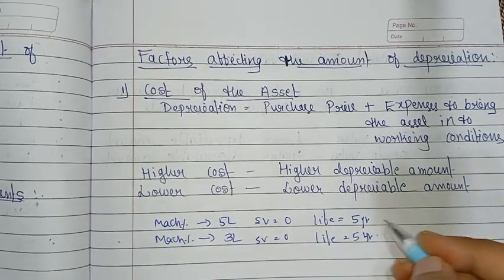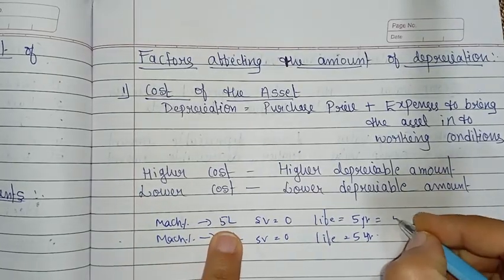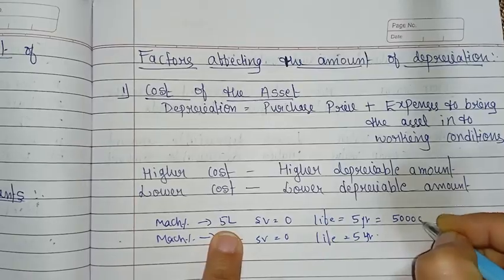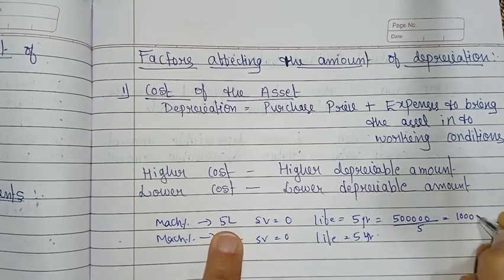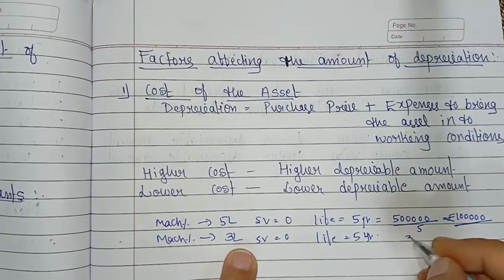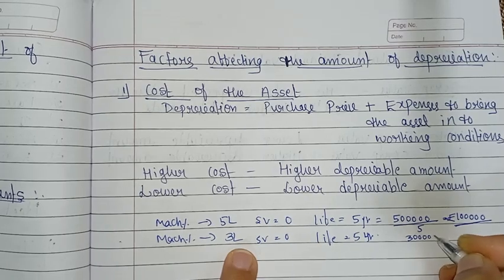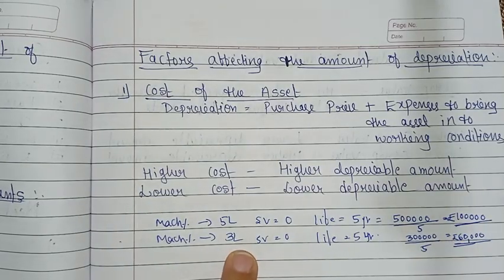The depreciable amount for the machine costing 5 lakh is 5 lakh divided by 5 years, that is rupees 1 lakh. And for the machine costing 3 lakh, it is 3 lakh divided by 5, that is 60,000.